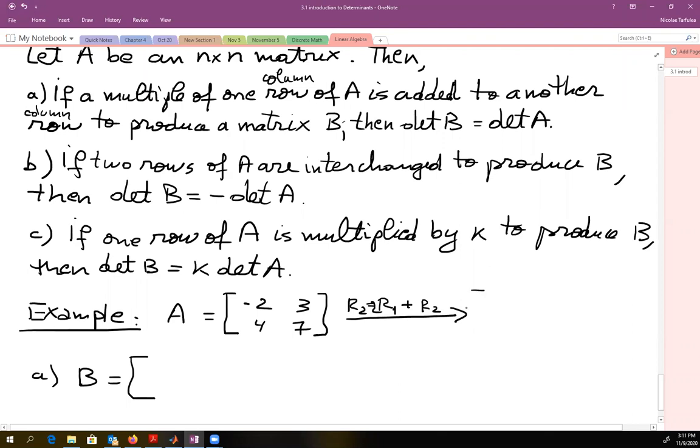So I obtain this matrix B, where the first row stays the same, but the second row is changed in this way: twice the first row plus the second row in A. Twice the first row means negative 4 plus 4, this is 0, right? And then 6 plus 7, 13. So this is how I obtain B.